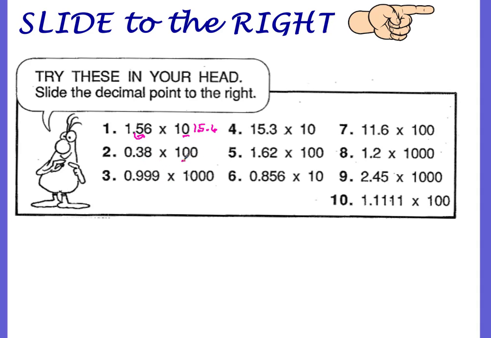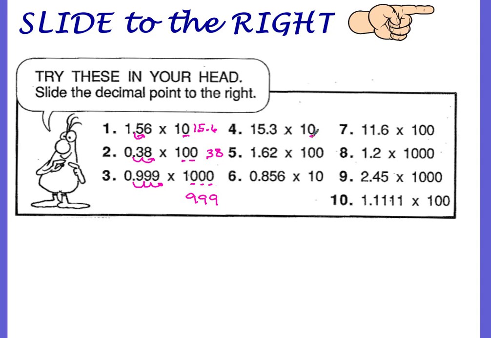Number 2, we're multiplying by 100. There's 2 zeros, so we slide the decimal point 2 places to the right, and we get 38. For 1,000, there are how many zeros? 3. So we're going to slide that decimal point 1, 2, 3 places to the right, and we get 999. Example 4.